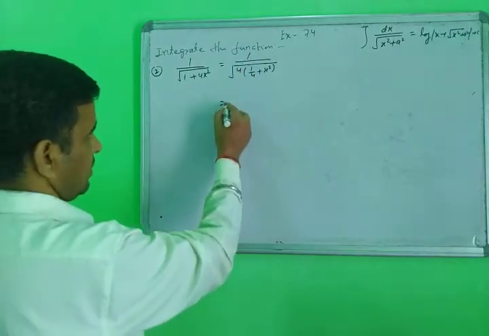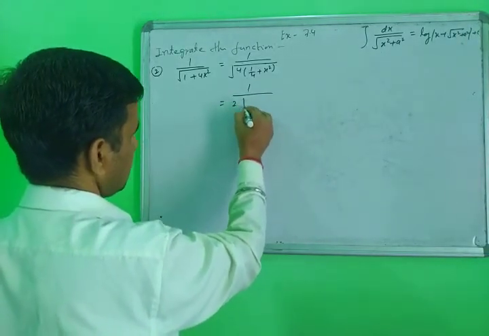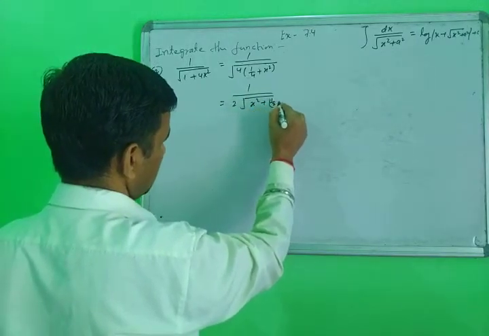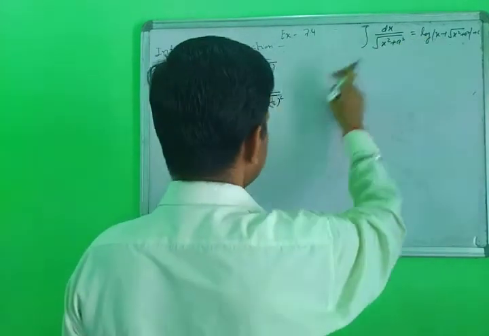So then, what is next? Taking 2 outside here, this means x square plus 1 upon 2 whole square. This identity is the same here.